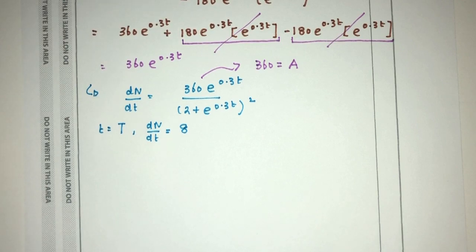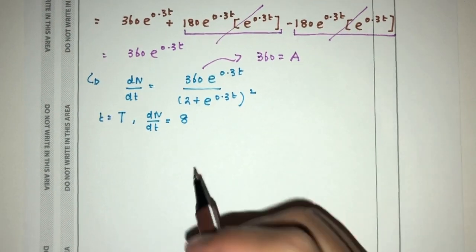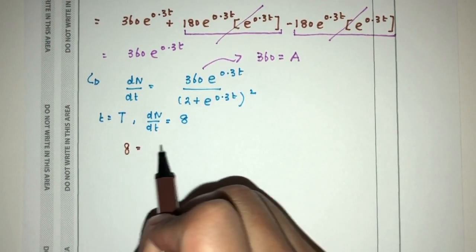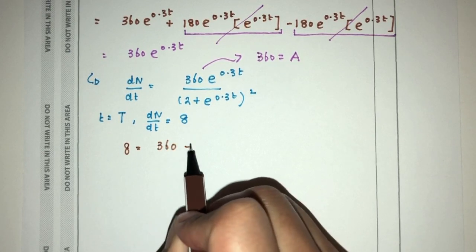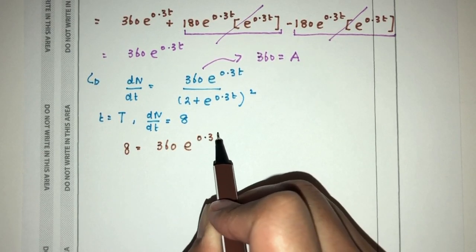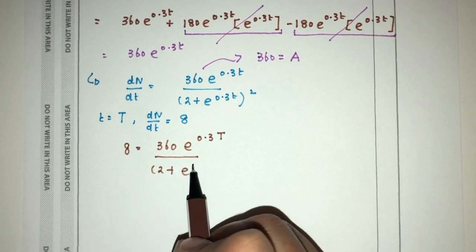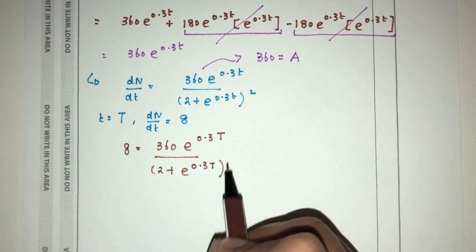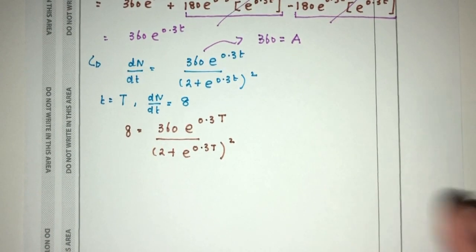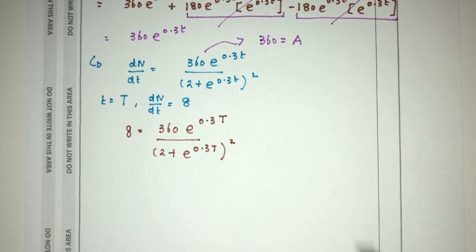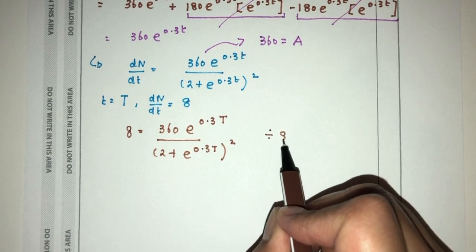So let's solve. Replace back in the equation. So let's see what do we have. This will be 8 here. That will be 360 exponential 0.3 big T over the value of 2 plus exponential 0.3 big T, and then that will be square. Now what can we do? So we can divide by 8 on both sides to see what happens.